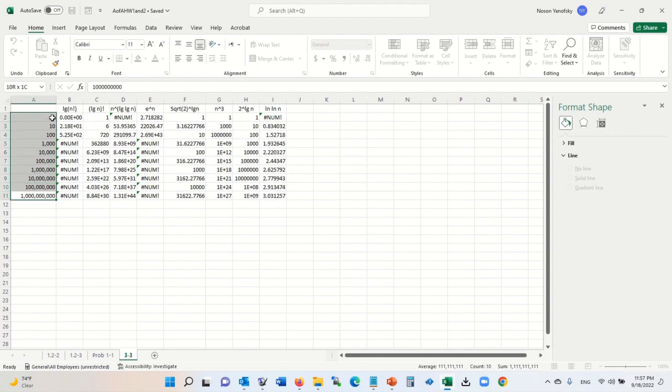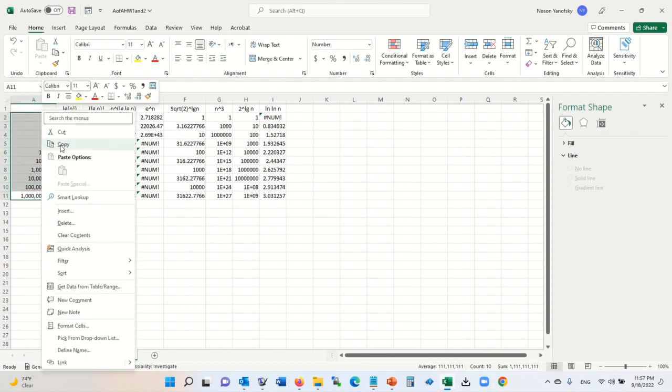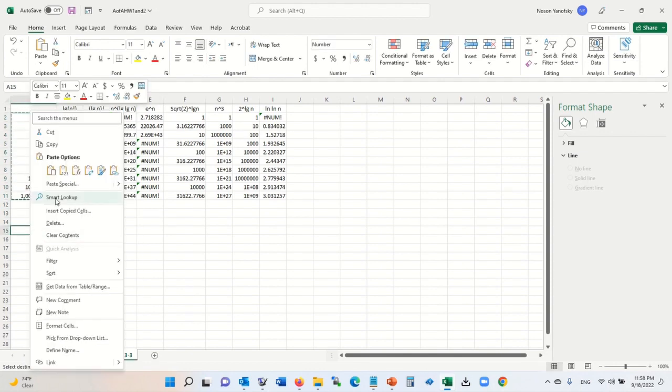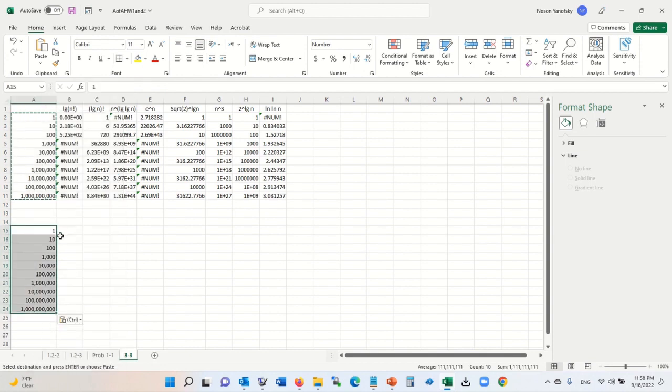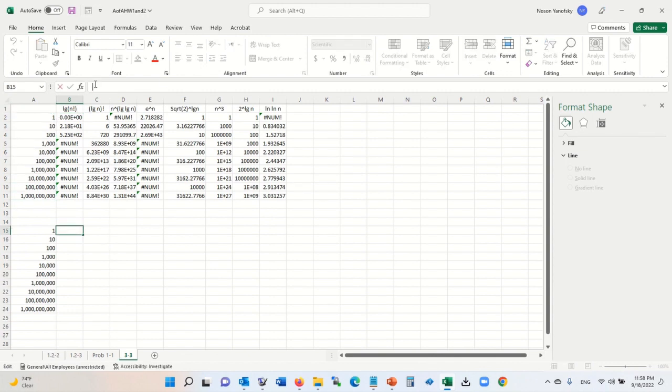So I'm going to recopy it and paste it. Let me just do this one. I just want to show you how Excel works. I'm not teaching you Excel, but basically this is logarithm of what? Of factorial of A15, that's that box.